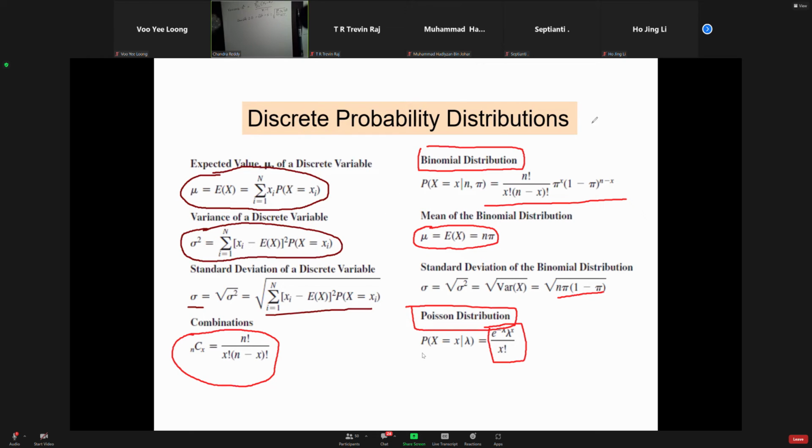Under discrete probability distributions, these are the important formulas: binomial distribution and Poisson distribution, then how to calculate the expected value of a discrete variable. All right. So with this background, we'll move on to the question.